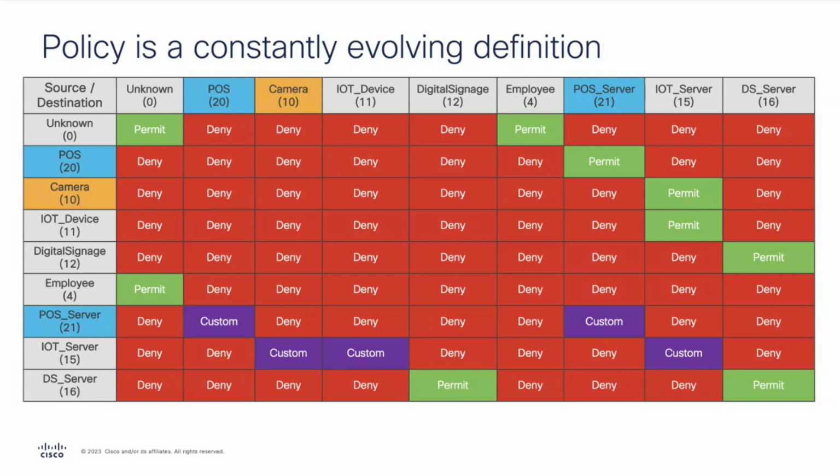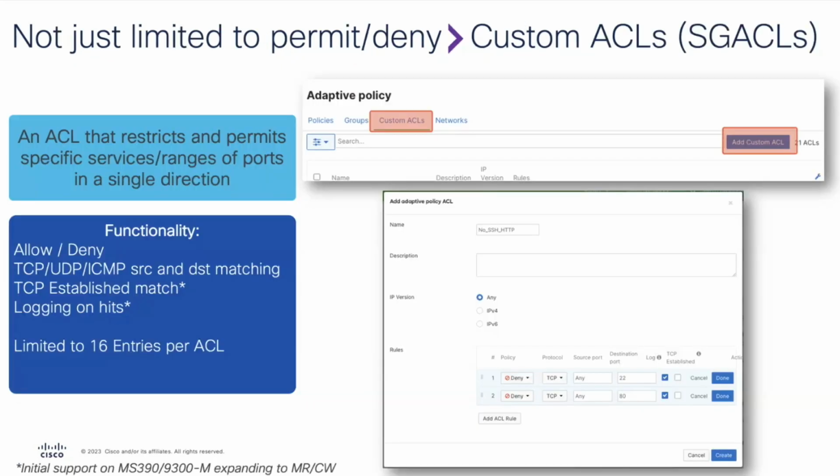However, we do have this concept of a custom policy, which means that we can associate what we call custom ACLs, which, if you're familiar with TrustSec, is a security group ACL. And you can limit things down to specific ports. So we could say, hey, we only want to allow an employee talking to this web server on port 80 and 443. We don't want them to try to SSH to the server, whatever it may be.